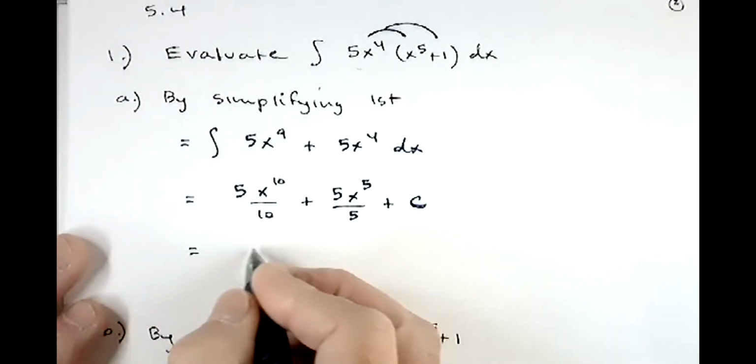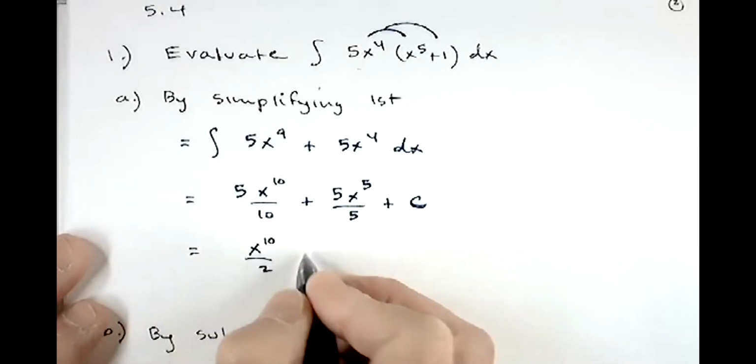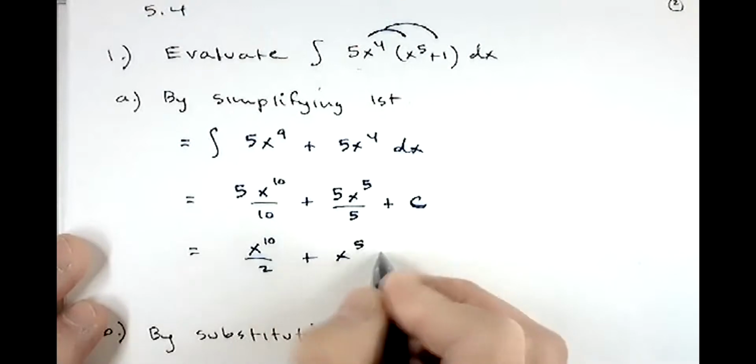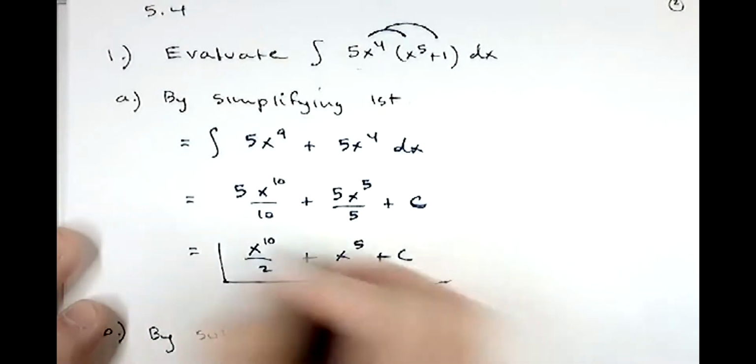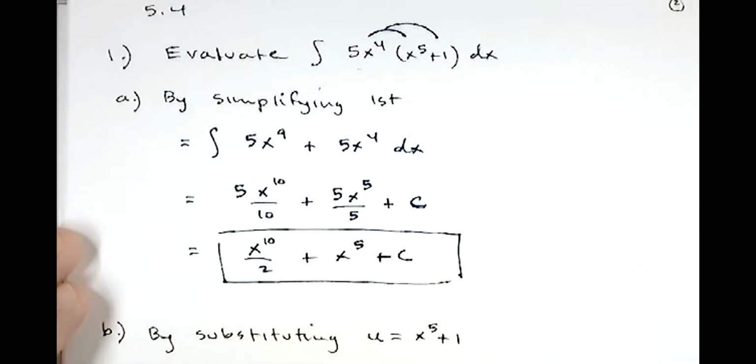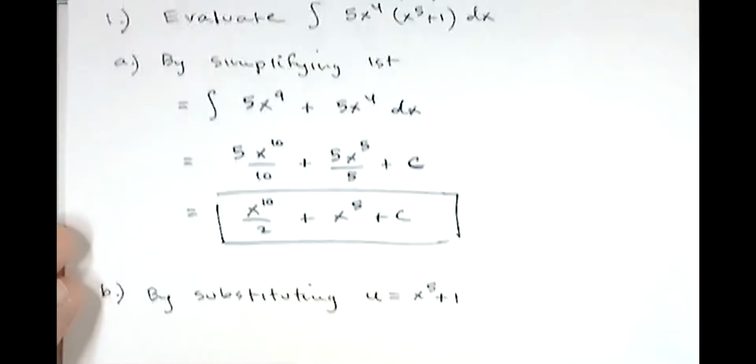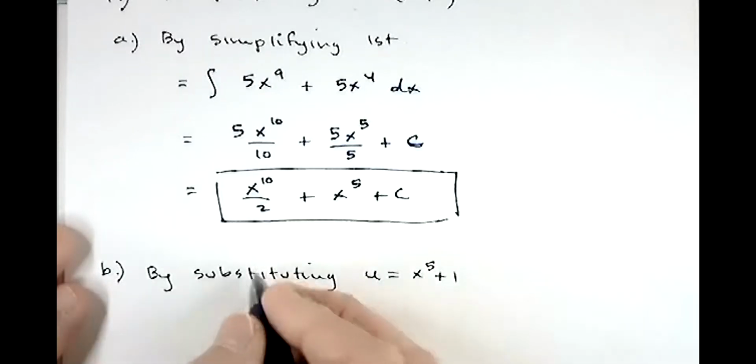And we might as well simplify this. This reduces to x to the 10th over 2 plus x to the 5th plus c. Easy enough.